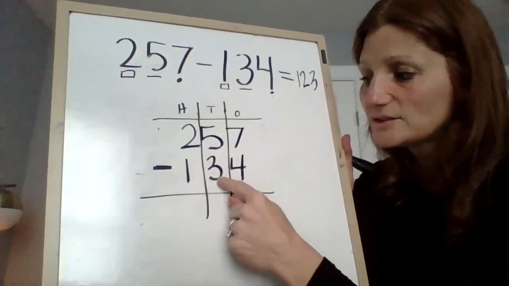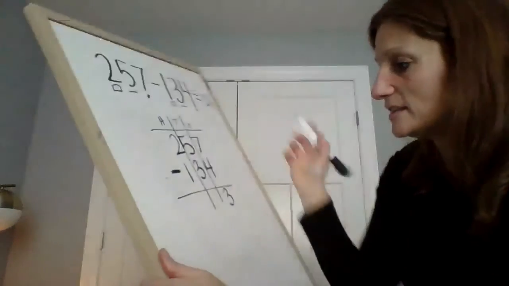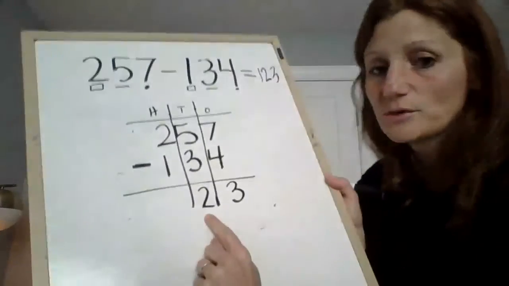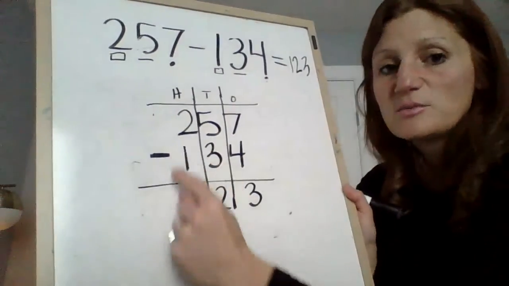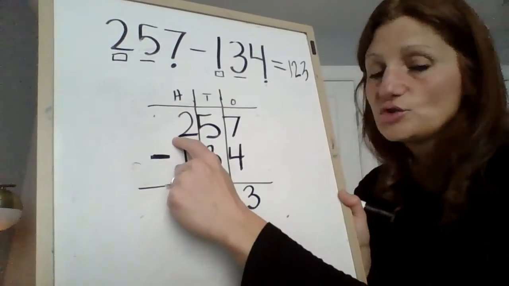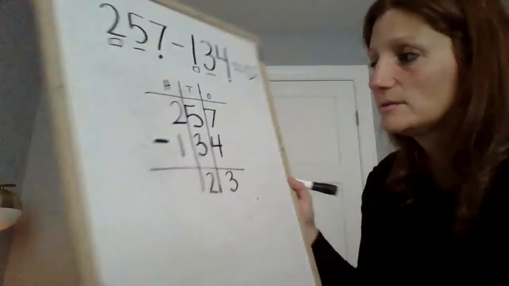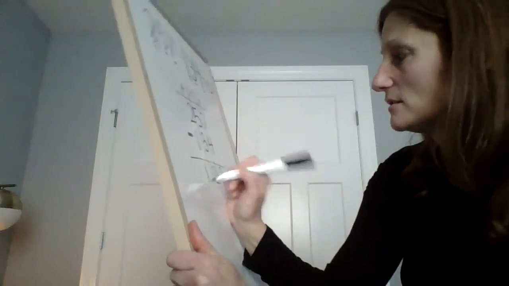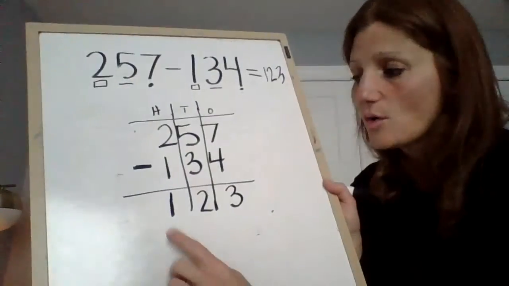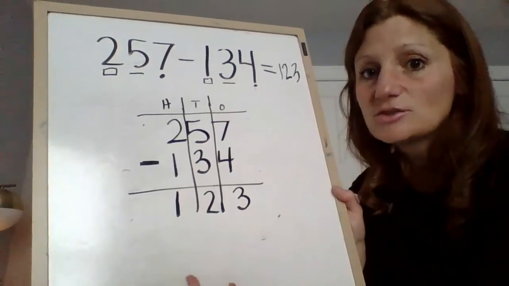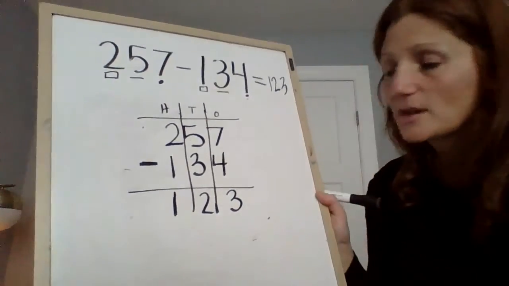So 50 minus 30 is going to be 20. So we're going to put our 2 there, and it's in our tens place, so we know that's worth 20. Then we're going to move to our hundreds. What is 200 minus 100? Right, 100. So what do we have left? 123. Okay, so that's the traditional algorithm.